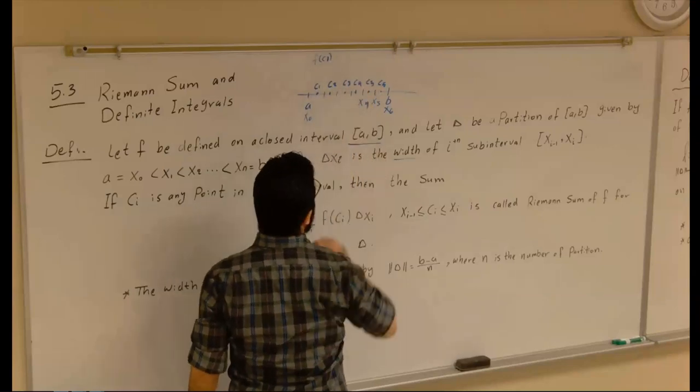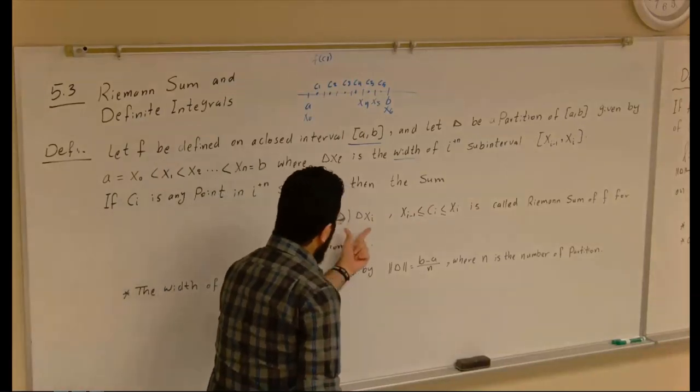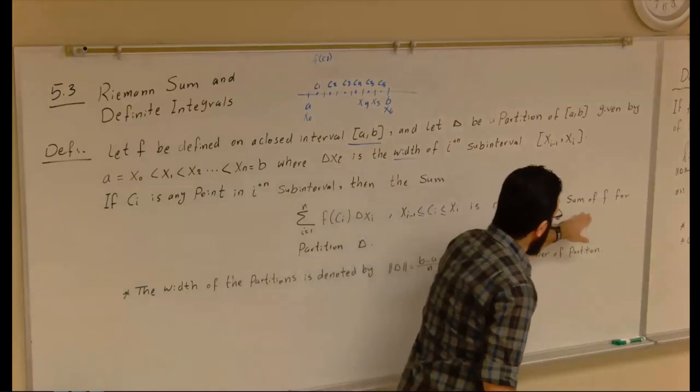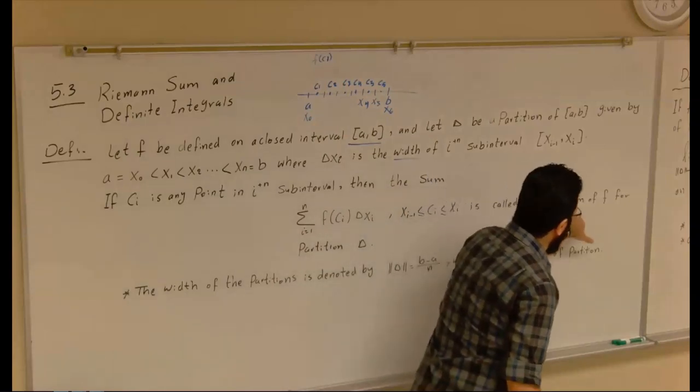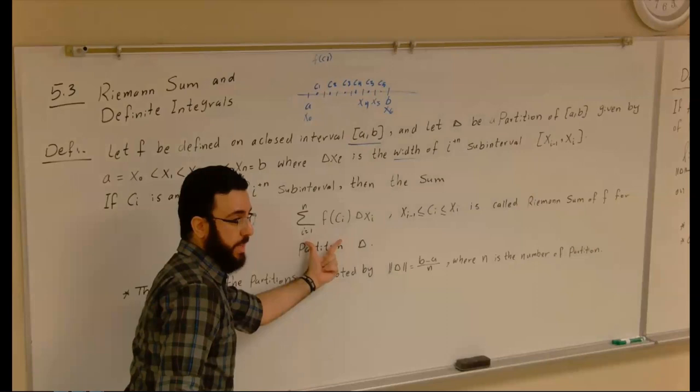We're going to check that with the graph. The sum of these rectangle areas, f(ci) times the width, is called the Riemann sum. We already took this one last class. So here is the Riemann sum.